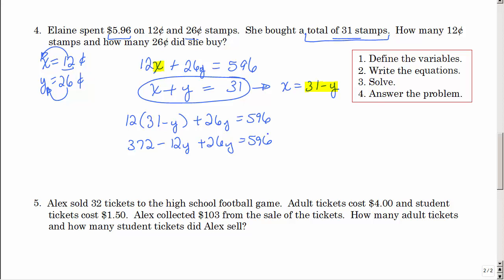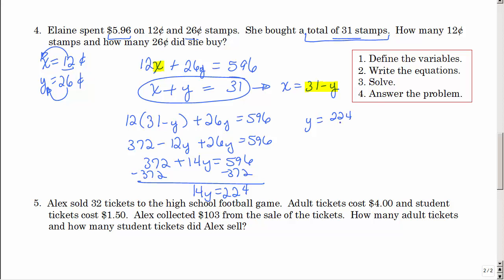So sometimes on these problems, the numbers get a little bit bigger than what you're used to. Collecting like terms, subtracting 372, and then I need to divide. If I take y and I have 224 divided by 14, that is equal to 16.